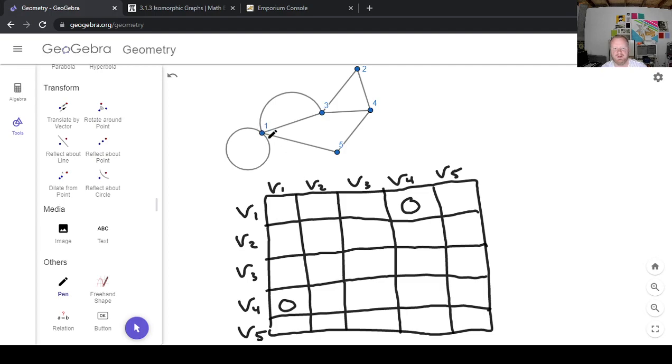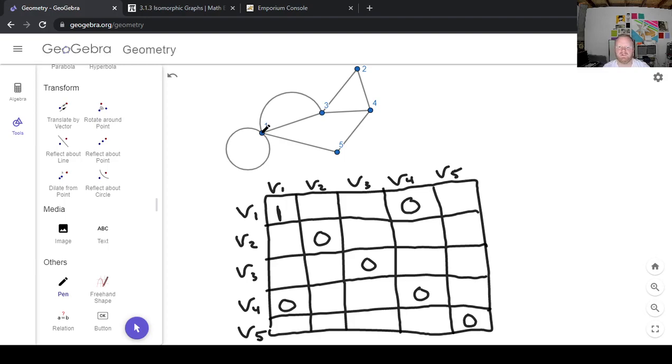Vertex 1 is connected to vertex 1 by 1 edge. So I'm going to write a 1 here, but that is the only pseudograph, right? 2 is not connected to itself, 3 is not connected to itself, 4 is not connected to itself, 5 is not connected to itself. So we can write zeros along this diagonal here.